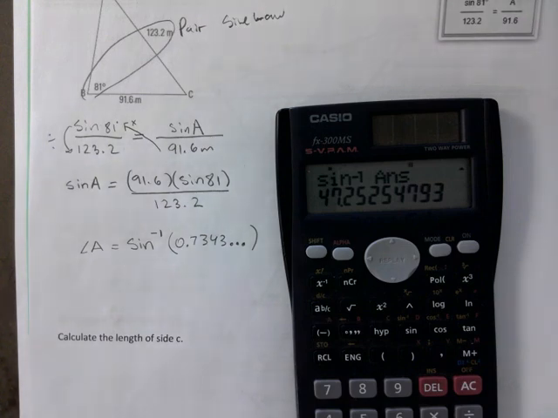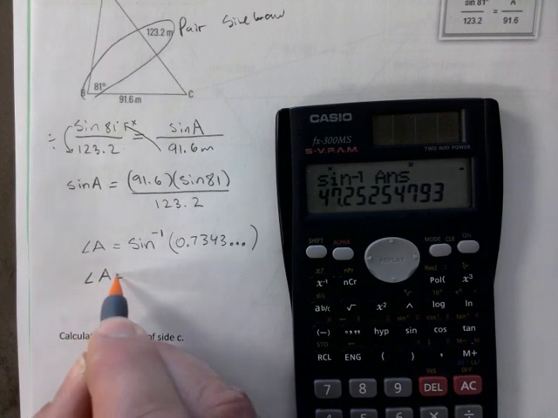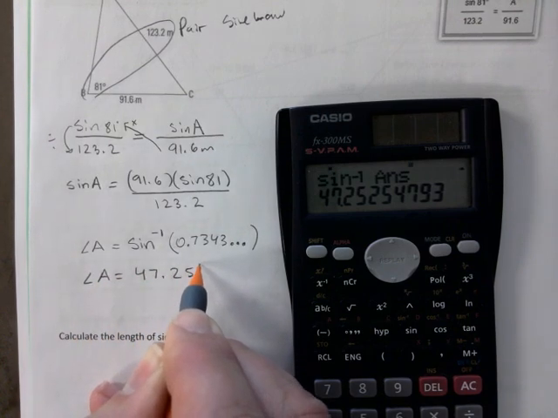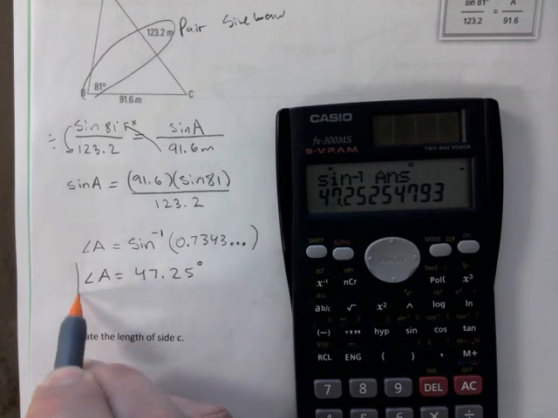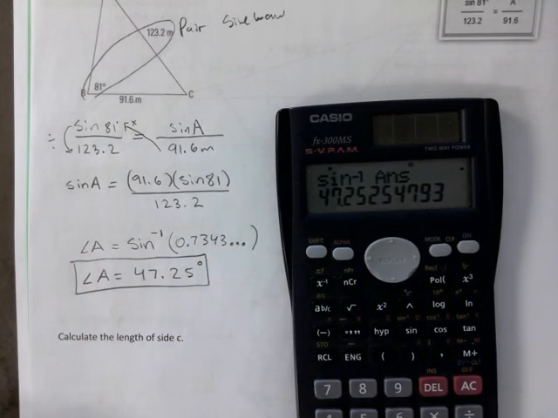It takes the inverse of the answer. So that's your last fourth line: 47.25. What are we in? Meters? No, degrees. And you just found angle A. You had no choice but to solve for angle A.